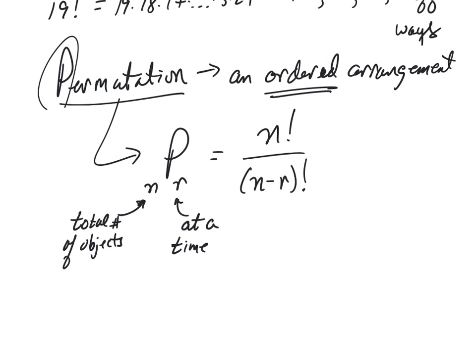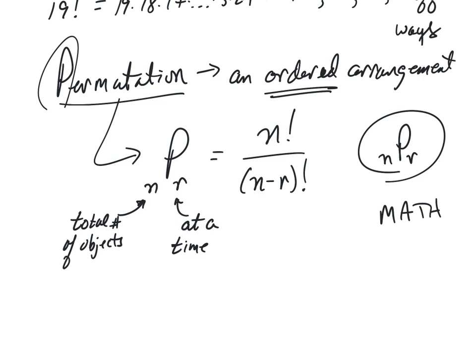Okay? Now I do want to point out that you have the ability to find an nPr function on your calculator. For everybody who has a TI, select Math, then arrow over until you get to the heading that says PRB, which is short for probability.